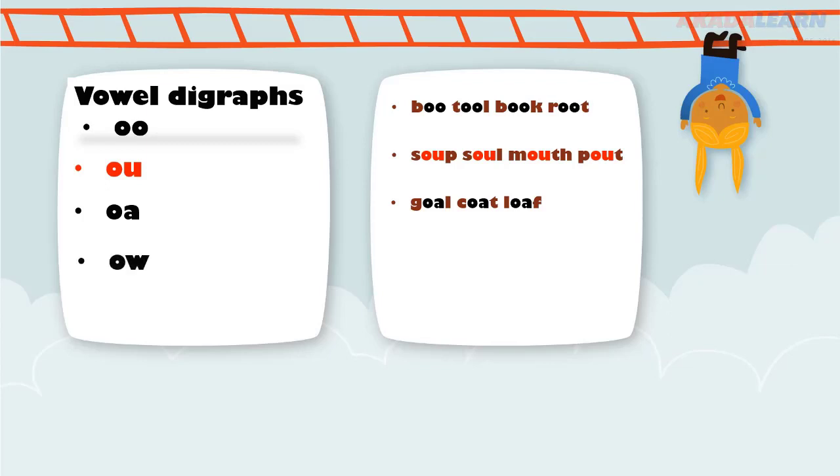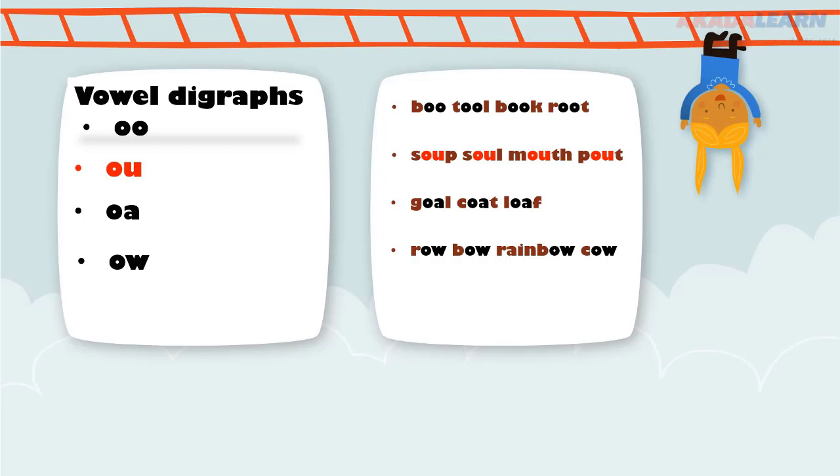And we have O-W. Alright, so O-W usually makes an ow sound, but there's another sound that O-W makes. It also makes an O sound, just like the digraph O and A. Usually those two sounds.